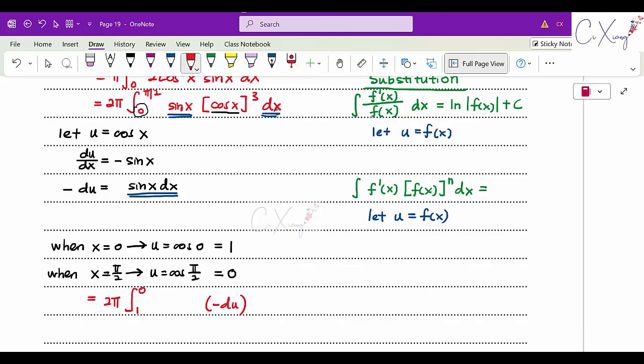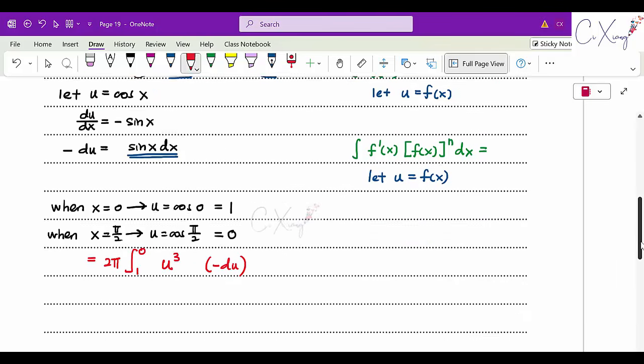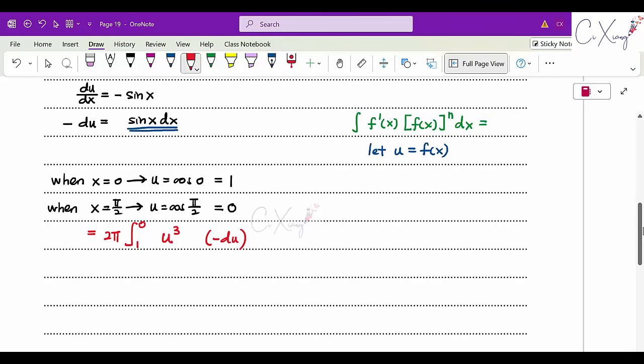So sine x and dx have been replaced, or substituted. Then what is this one? Cos x power 3. Cos x is basically the u, so you're having u power 3. Now you can see that we have successfully changed our equation from x to u, and we can start the integration now.